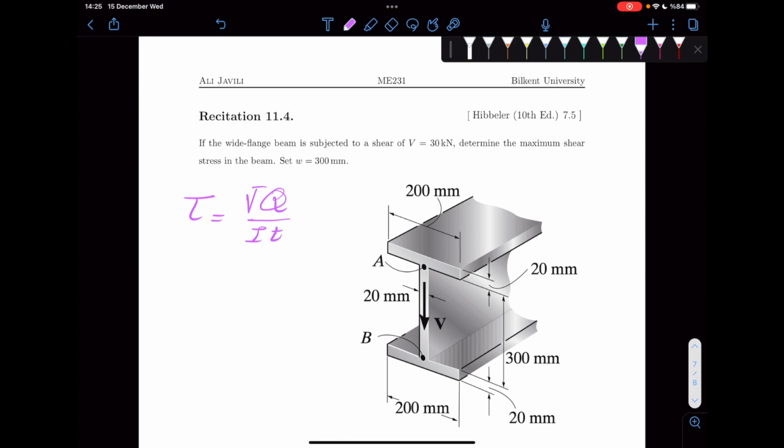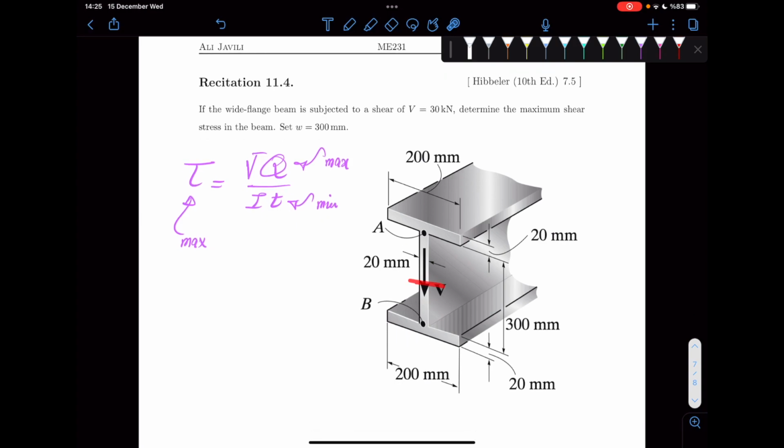If you want this shear stress tau to be maximum, you are looking for a point where your Q is maximum and your thickness is minimum. So that point would be somewhere here.